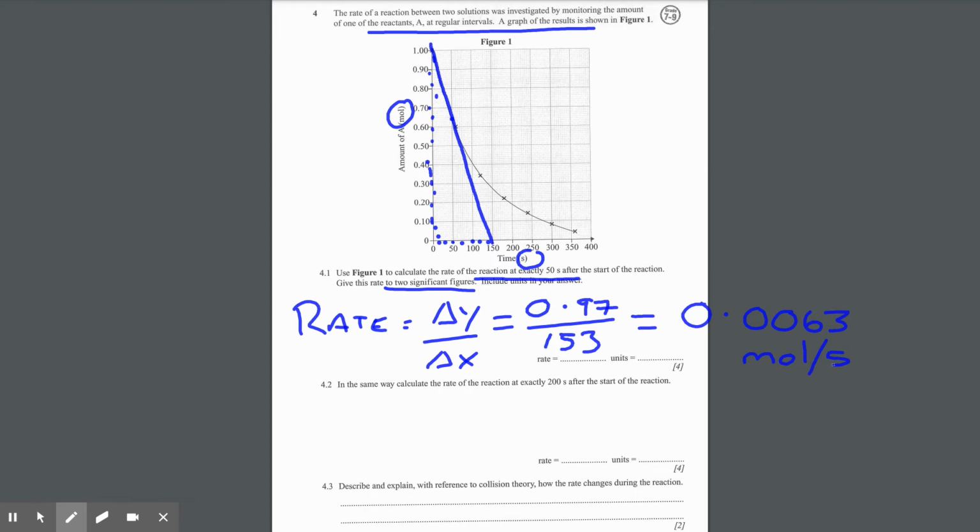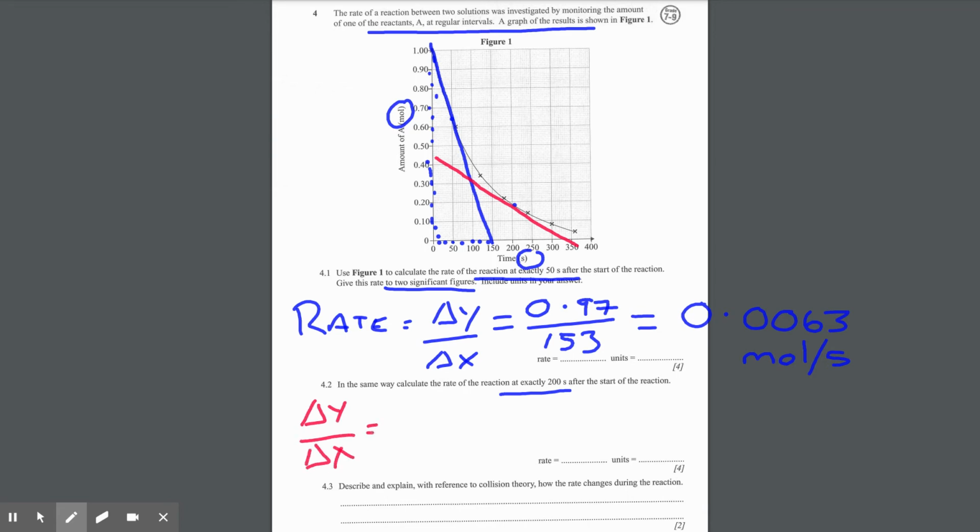The second question is then asking us to do the same thing, but this time at 200 seconds. So use a different color. We'd have to then draw a secondary tangent, this time touching the curve at 200 seconds. And so we're going to go something like this here. Okay, something like that. And then that's going to allow us to do our change in y by our change in x.